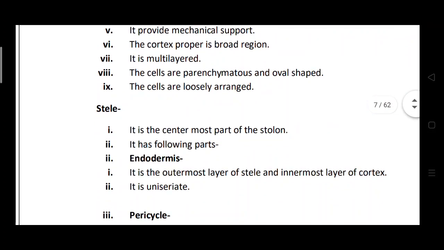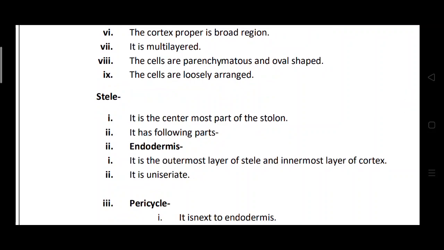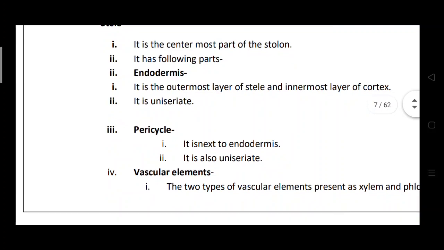Next, let us move towards the stele. The central most part of the stolon is the stele. The stele is divided into three parts: endodermis, pericycle and vascular elements.